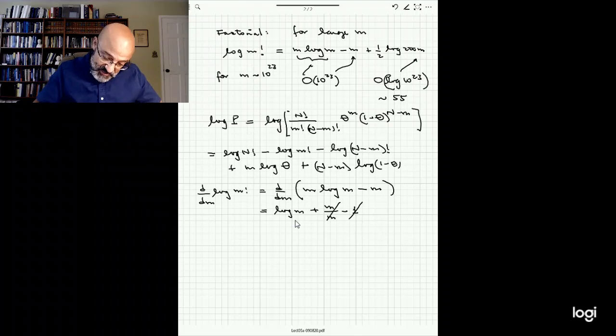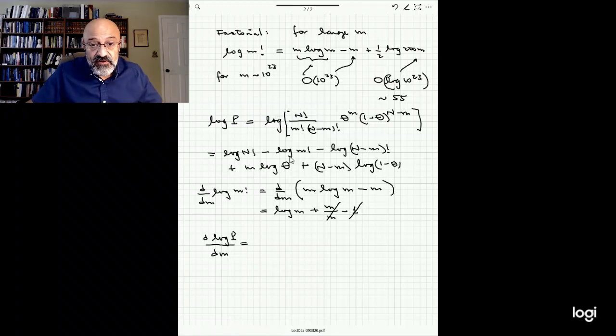So we're going to use that expression to write d log p dm as the derivative of log n factorial.